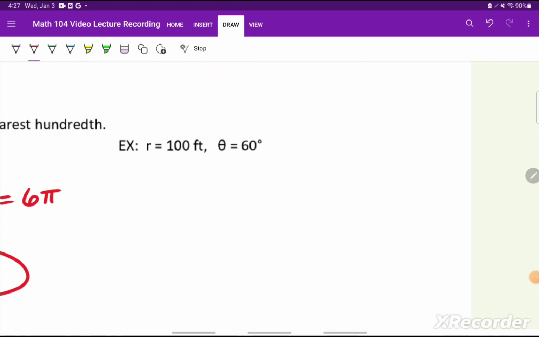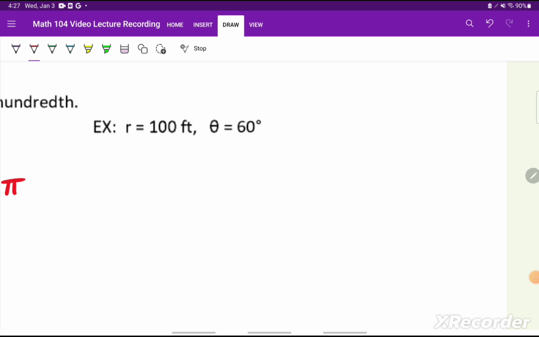Let's take a look at our next example. We want to find the arc length where the radius is 100 feet and our angle is equal to 60 degrees. So right away, I notice that the angle they've given to us is in degrees, and we absolutely must convert this to radian before we can plug it into our formula.